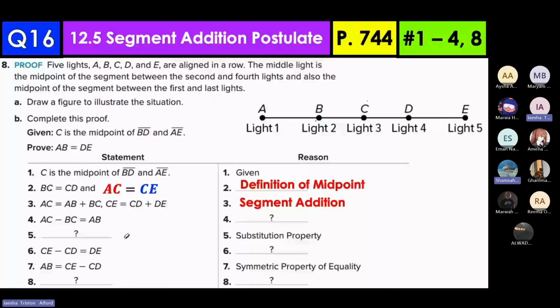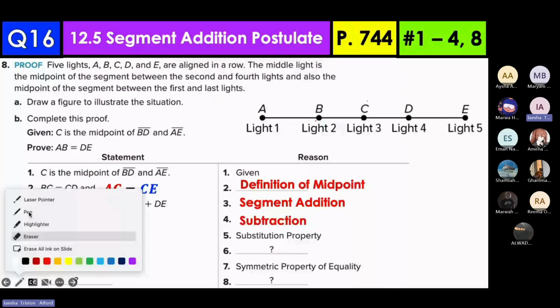We have AC subtract BC is equal to AB. We rewrote that. Subtraction. Where did they get that? They subtract BC on both sides. So what do you have left? Oh, that's substitution.